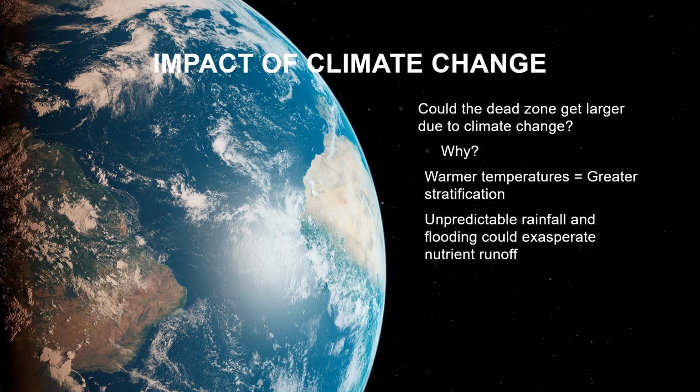So it's not known for sure what the exact impacts of climate change are, and what that would have on the hypoxic dead zones in the Gulf of Mexico and throughout the world. But these are two factors and two considerations to make in what would likely exacerbate the problem.